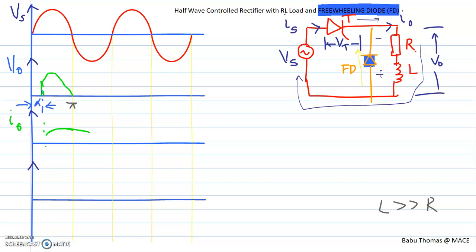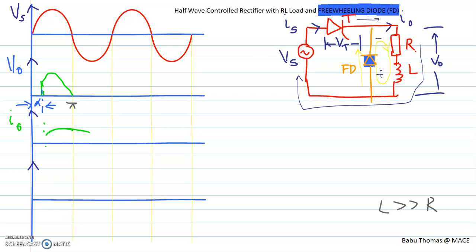The current has changed its path from the thyristor to the freewheeling diode, and the current will be freewheeling through the resistance, through the inductance, and through the freewheeling diode, and that is why we call it a freewheeling diode.